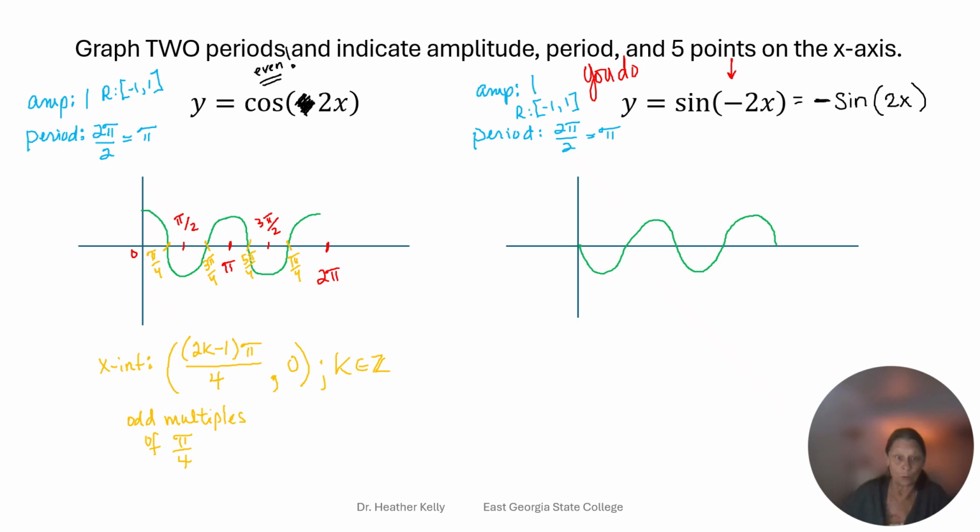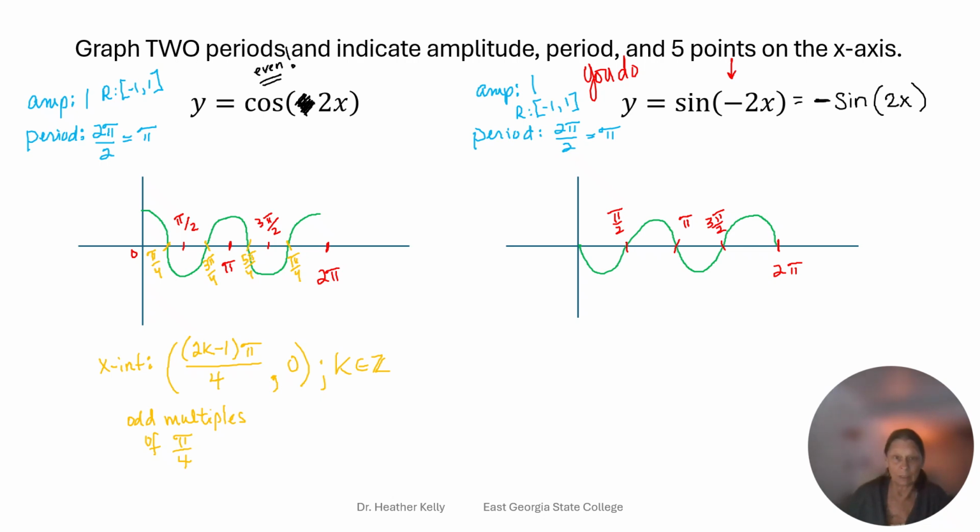There's our 2 kind of cruddy periods, but that's okay. There's our 2 pi. That means that this guy is pi. That means that this guy is pi over 2. That makes this guy 3 pi over 2.